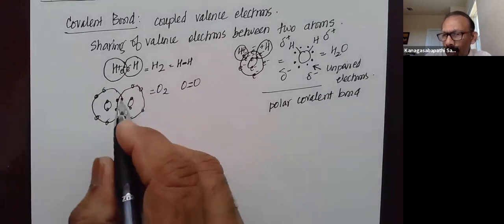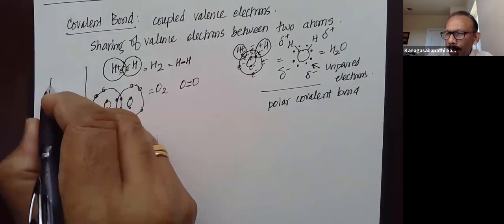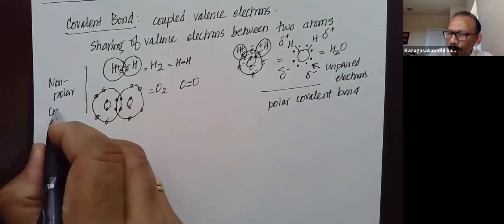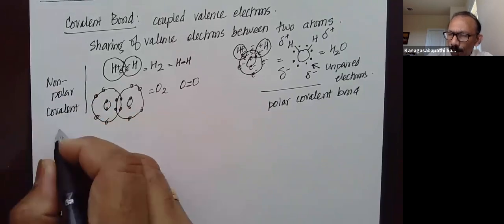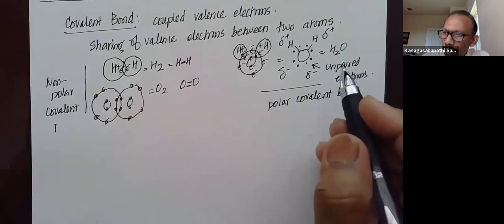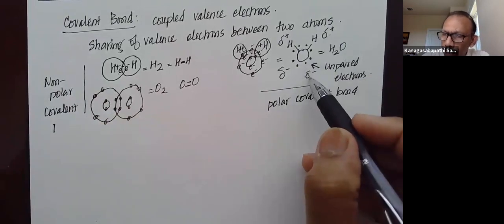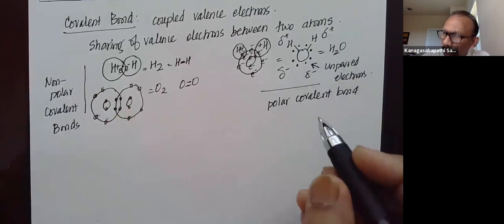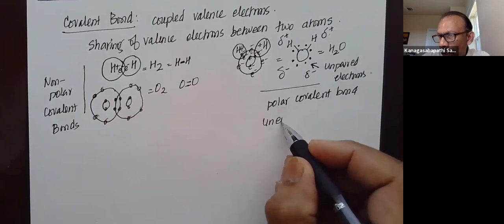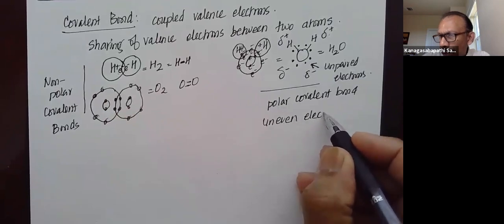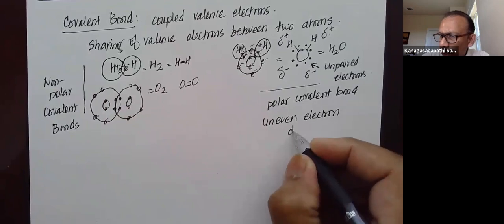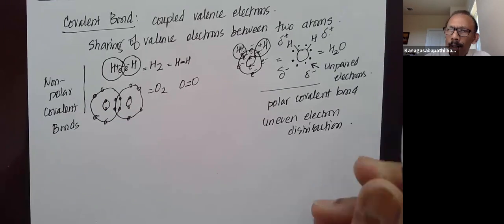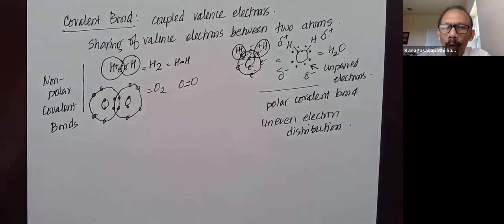Both of these are considered non-polar covalent bonds because there's no polarity. Polarity is having a negative-positive distribution, an uneven distribution of electrons. Uneven electron distribution causes the polarity. So does everyone understand this covalent bond, polar and non-polar?